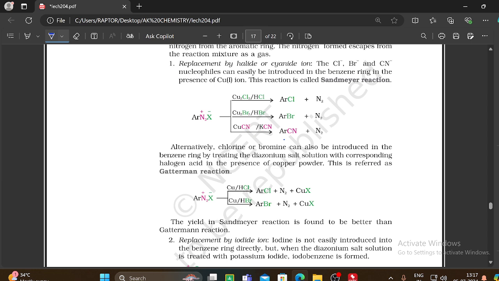Reverse, not forward direction. I am asking ArCN to ArN2Cl, which means C6H5CN should be converted into C6H5N2Cl. Is it possible?